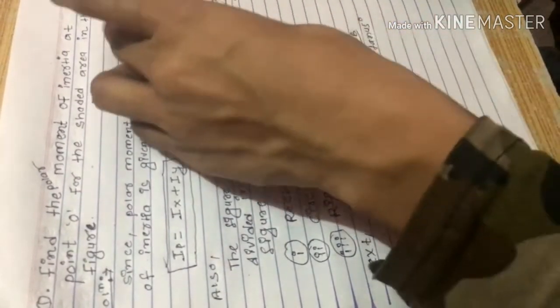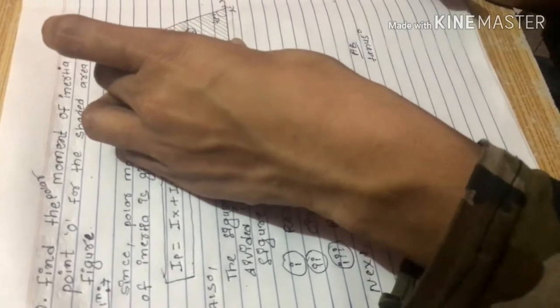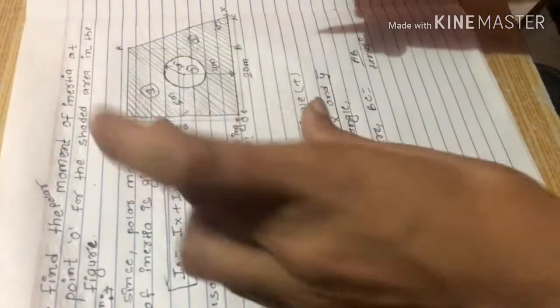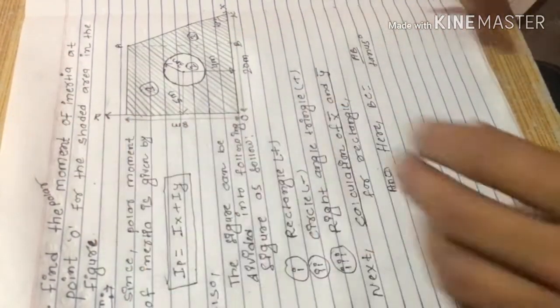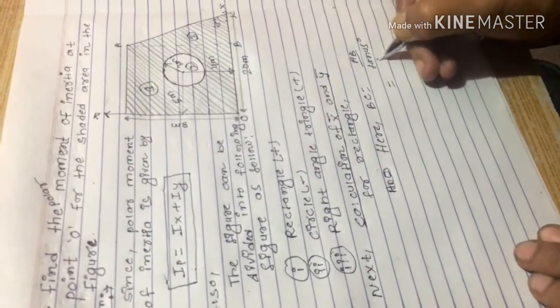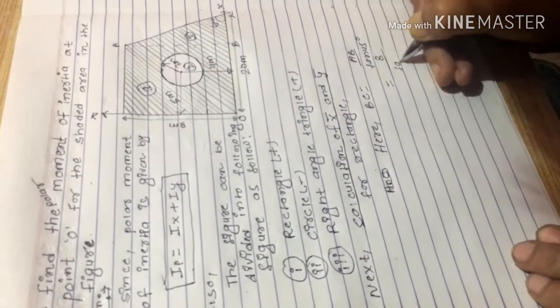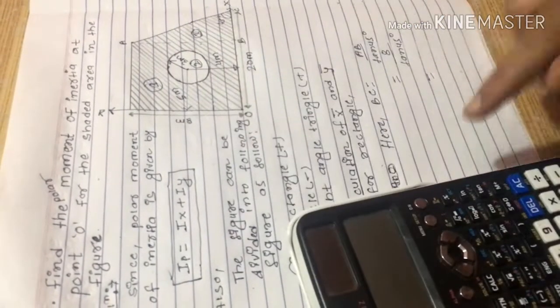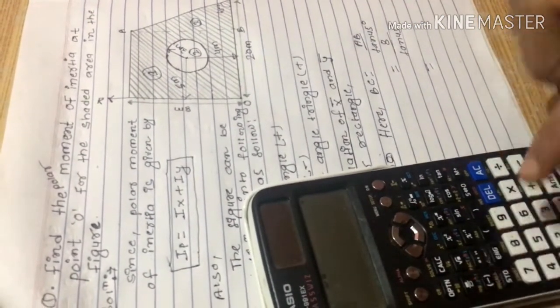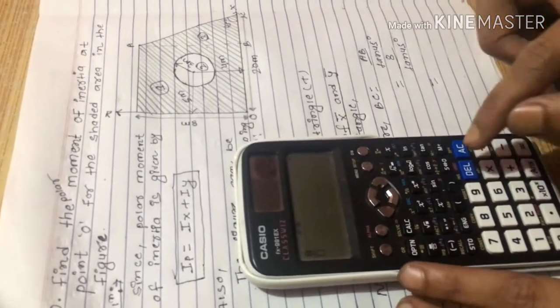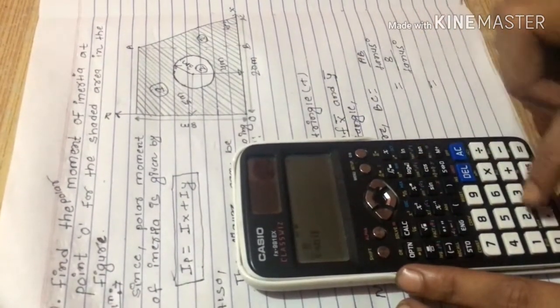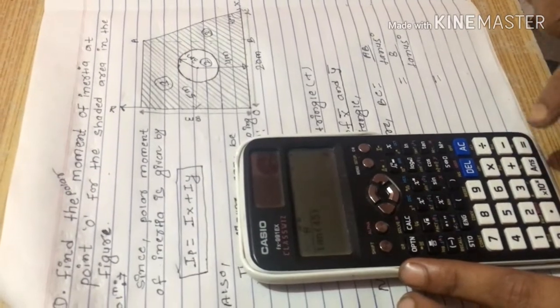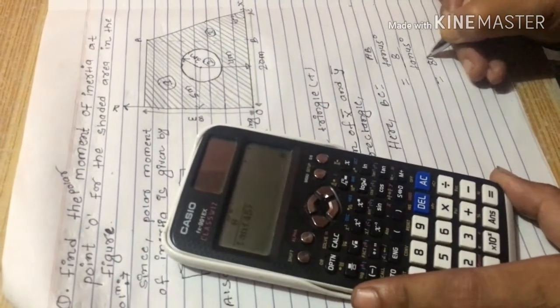Here the length of AB is 8 meter, as we can see in the figure. It means 8 divided by tan 45 degree, which is 8 meter.